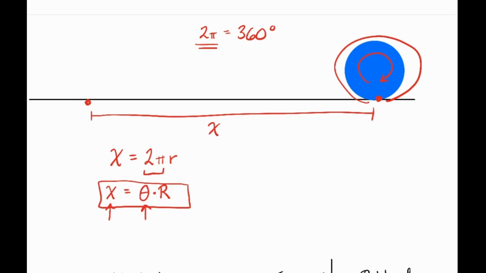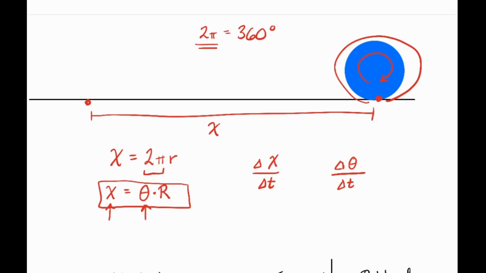So let's take that one step farther. If I know something about position and angle, I'm going to also be able to tell you something about velocity, because change in position divided by change in time should be somehow related to the change in angle divided by its change in time.